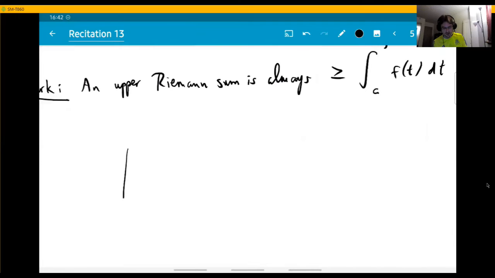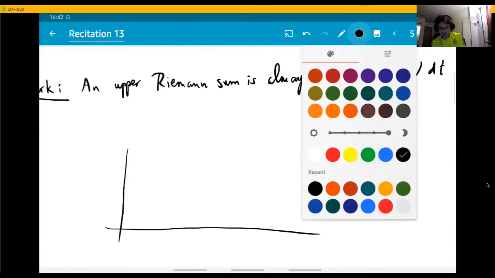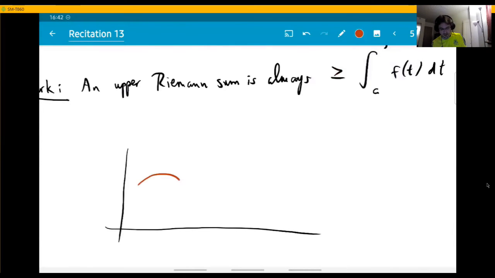So I tried to hint at this right now explaining in this example, but what is the idea? When you're looking at a certain function, you have your interval [a, b], you have a partition of some type. Let's say this is just one of the subintervals of the partition.